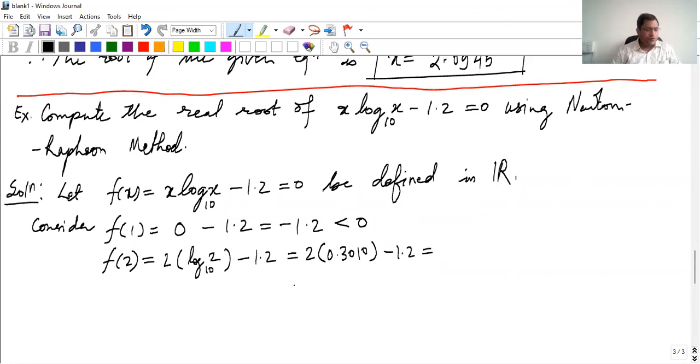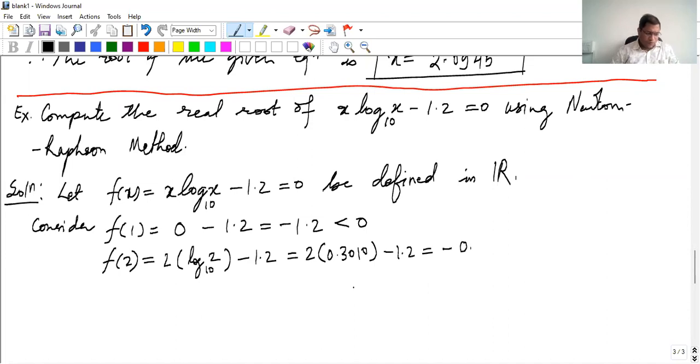What is the value you have? It's minus 0.5979.